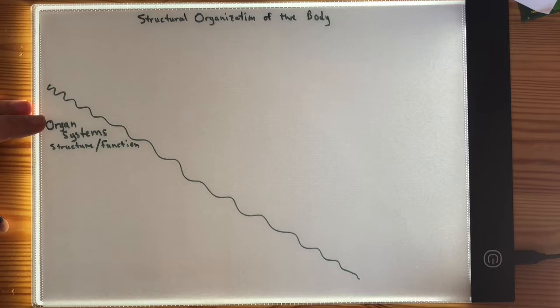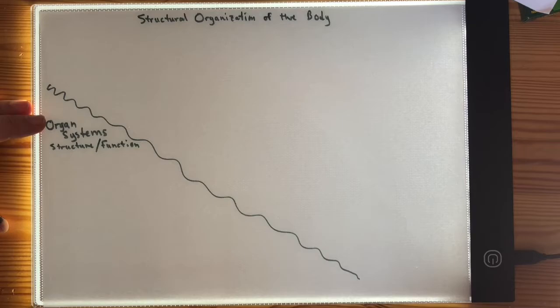So if you came across a term like the brain, that would be a structure, and the function of the brain is basically cognition. A thing you can hold in your hands and dissect, or look at under a microscope, for example, that would be a structure, and a function is what that thing does.